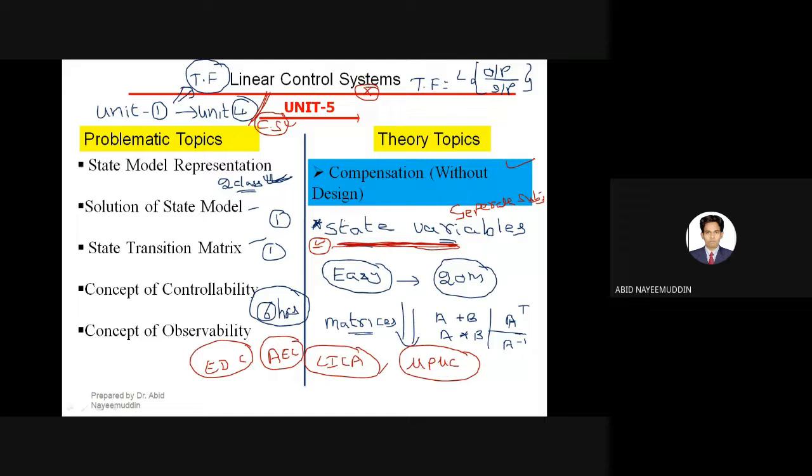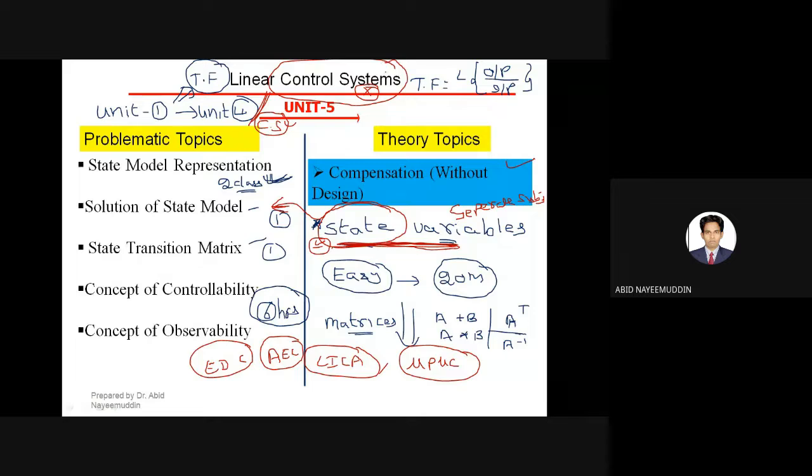As this state variable concept is a separate subject, only the introduction to it has been given in your syllabus. Only the introduction of this particular subject has been given. As I told you in the initial class, this is a separate branch of engineering.